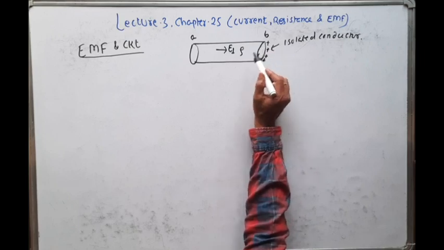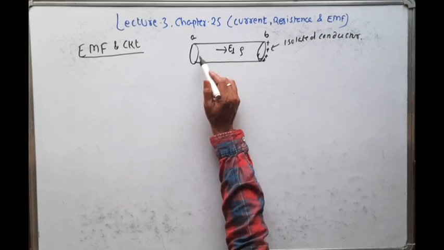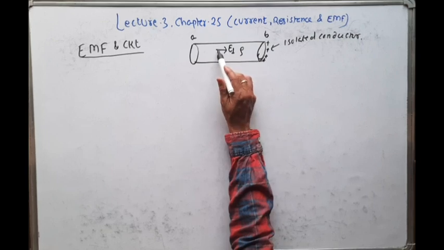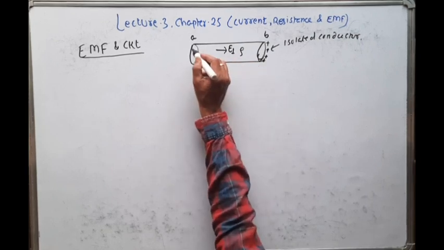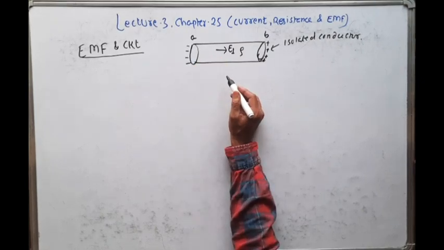Because when any charged particle is brought inside an electric field, it will experience force, and if the charge particle is positive, it will move along the direction of electric field, and all the negative charge will move opposite to that of electric field.